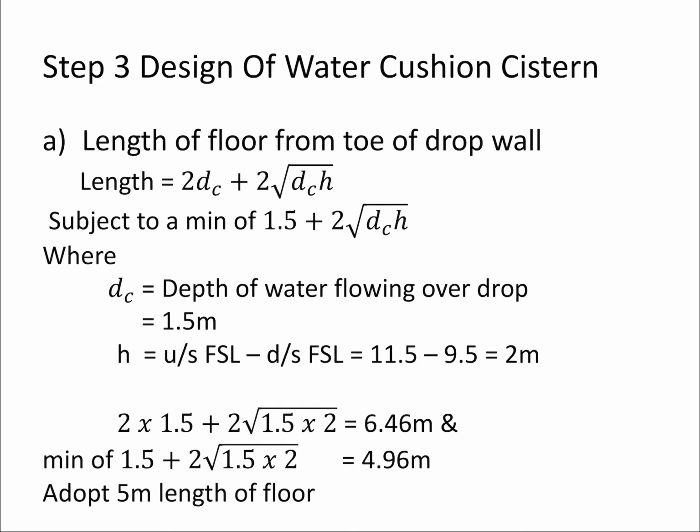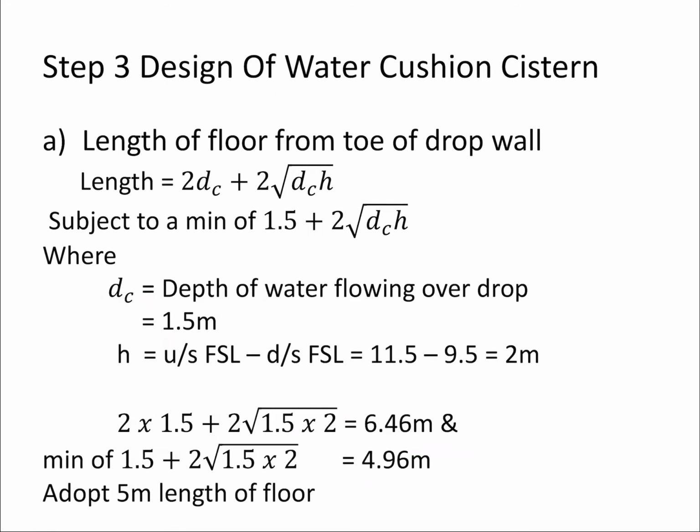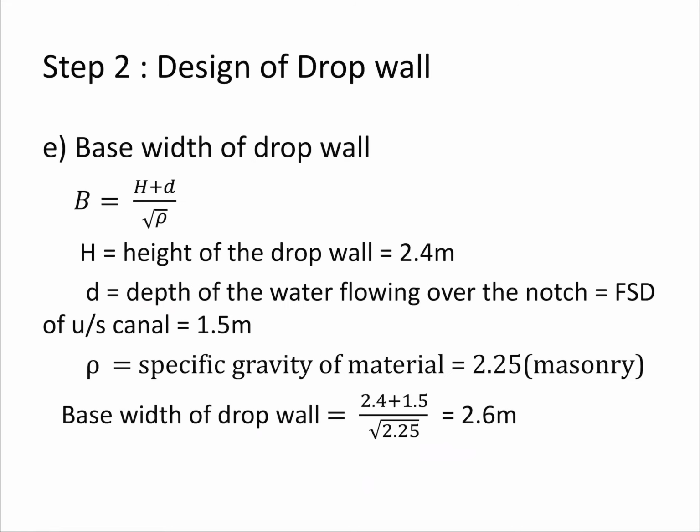Okay. Next, we want to fix the length of the flow from the toe of the drop wall. This Lc we are going to find out. For that, we have an equation: length is equal to 2 dc plus 2 root dch, subject to a minimum of 1.5 dc plus 2 root dch.